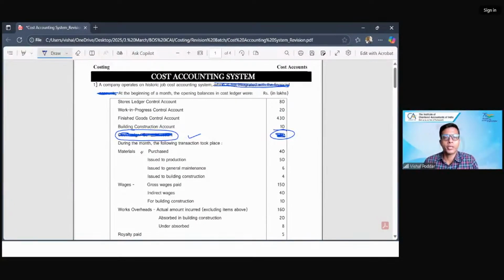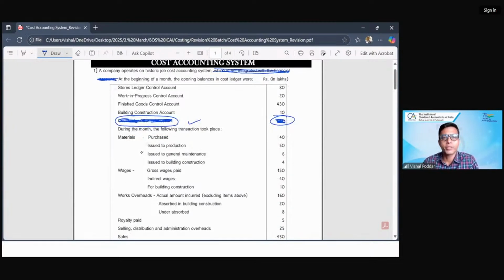Fine. So let us now solve this question. If you see, the opening balance covers material, that is stores ledger, WIP, FG. These are the common typical opening balances because these three represent the three stocks: materials, WIP, and FG. Besides this, this question has a new adjustment which is not common in all these sums, that is building construction.